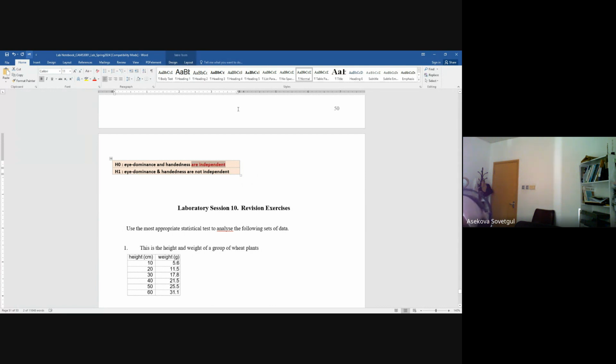Independent means null hypothesis. They are not independent means alternative hypothesis. That is why we are testing for independence. So for testing for independence, the null hypothesis is always independent. The alternative hypothesis is that they are dependent on each other. They are not independent. That's it. This is for the test of independence, but goodness of fit is different. They are in agreement, they are not in agreement.